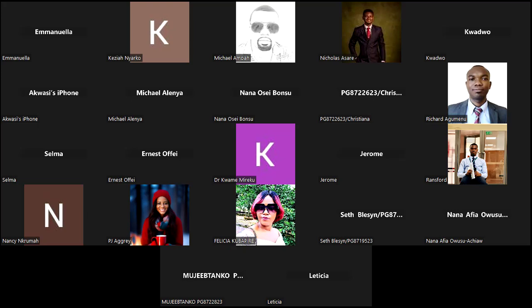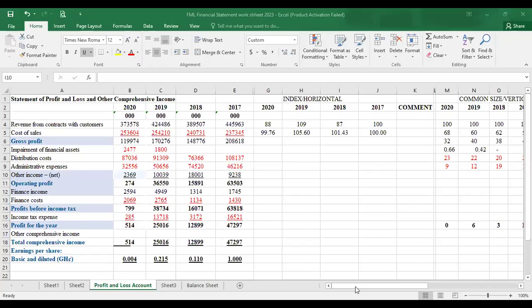Oh, madam. Yes. I wanted you to shift your sheet a little for me to have a look at something. Okay, if you don't mind. No problem. Let me just share it again. Please, what do you want to look at?